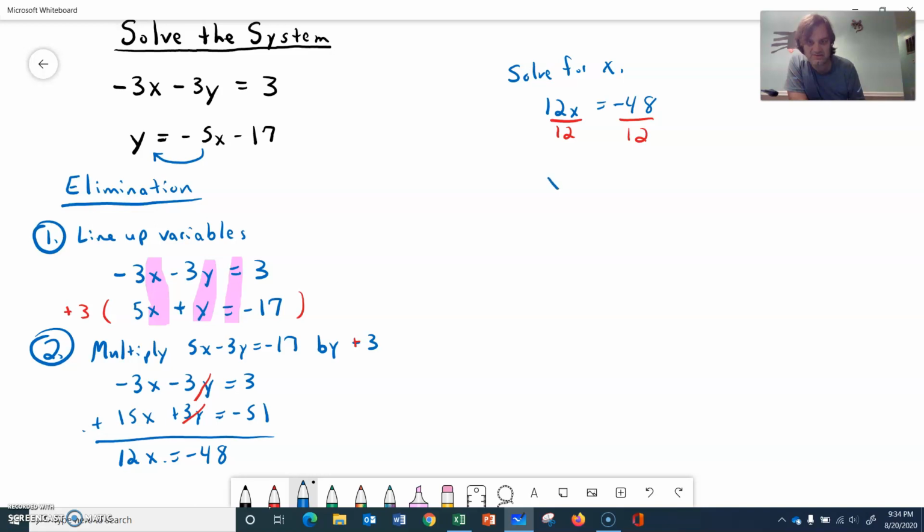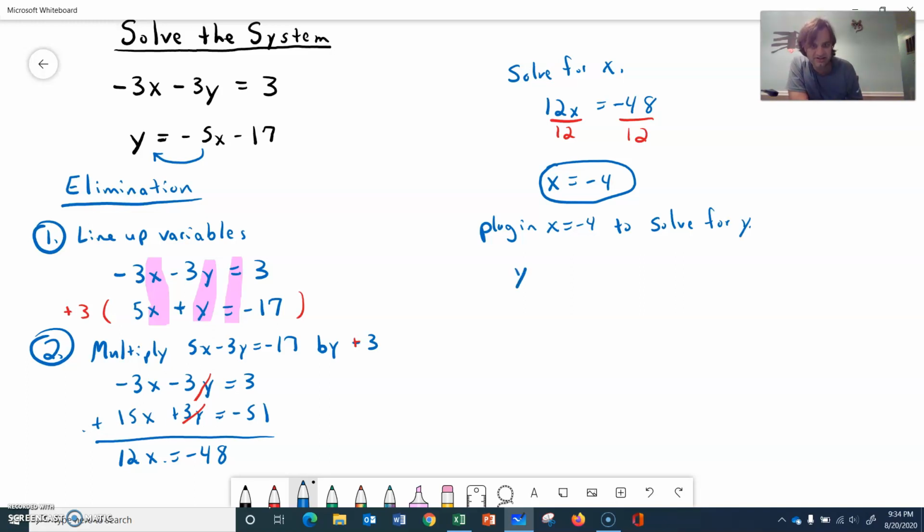And then I'm going to have x equals negative 4, which is what we had when we worked it the first time. And then the last step is to plug x equals negative 4 in to solve for y. And hopefully we get 3 like we did in the previous video.